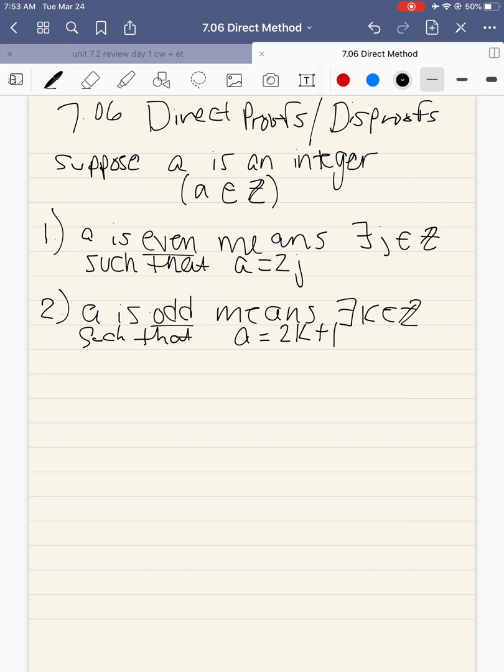Following these definitions, we have a postulate or an axiom. This is something that isn't necessarily proven. An axiom is something that is just accepted in the math community that doesn't need a proof. This is called the parity axiom, or parity postulate, whichever you prefer.